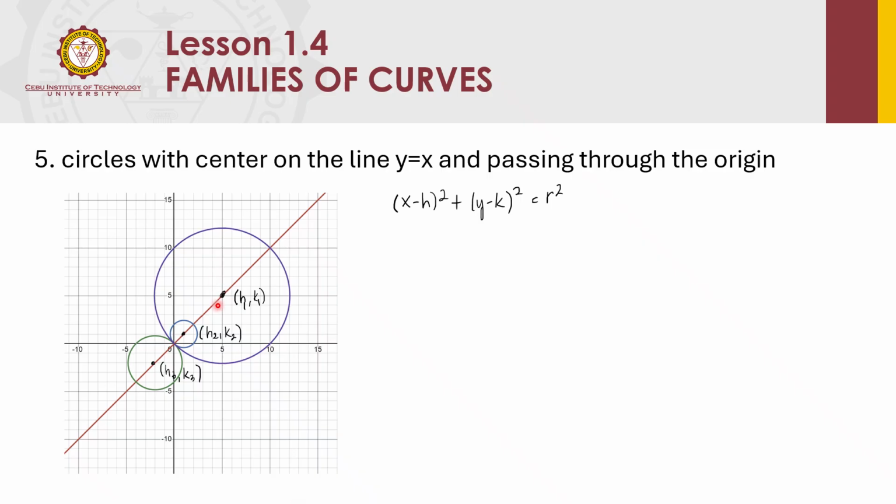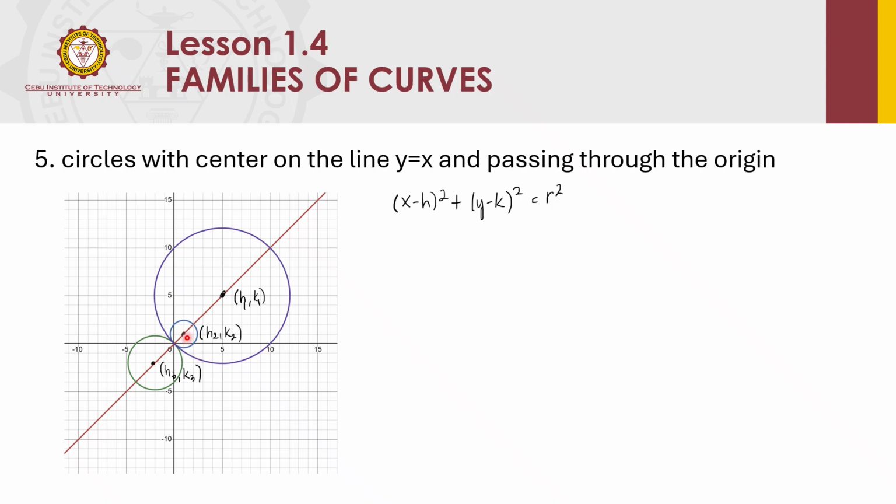Since the center is located on this line, the distance of the center from the x-axis is the y-coordinate of the center, which we label as k, and its distance from the y-axis is the x-coordinate, or h, for the smallest circle.